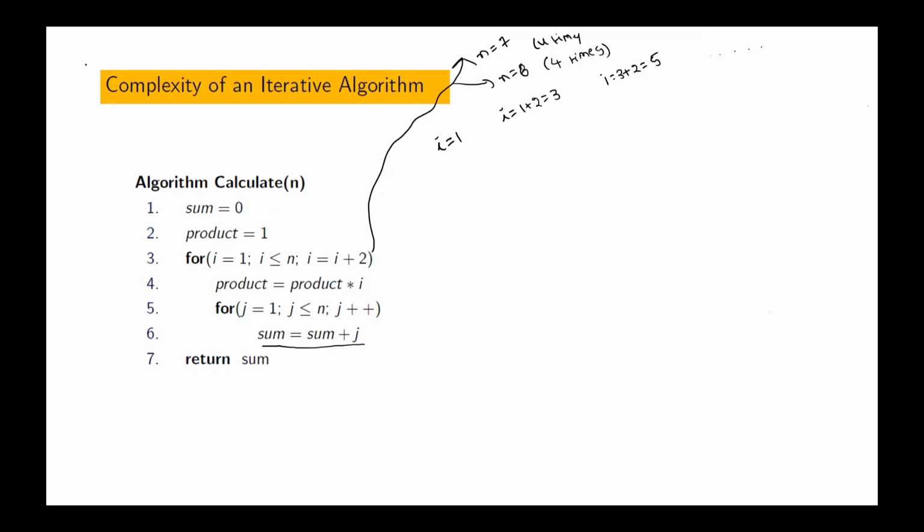Now, similarly, if I take n equal to 6, how many times? 3 times. n equal to 5, 3 times. Now can we generalize? n equal to 5 and 6, answer is the same. n equal to 7 and 8, answer is the same.